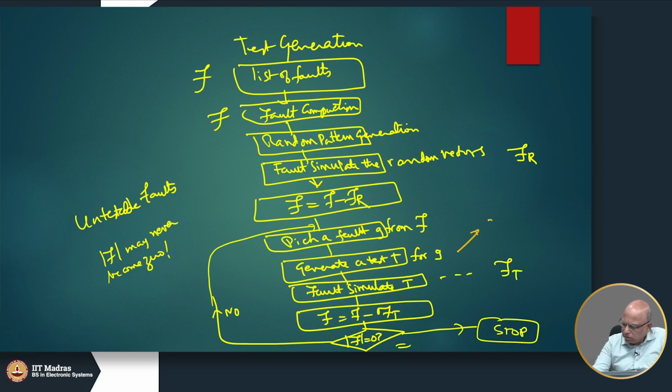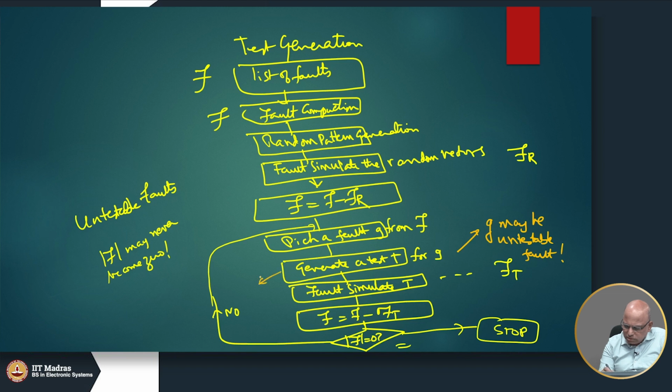So, G could be untestable, because it may be a redundant fault or whatever be the reason, right. So, we have to remove T, I am sorry, we have to remove G, okay, and say it is an untestable fault. Okay. So, if that is the case, then remove G. Okay.